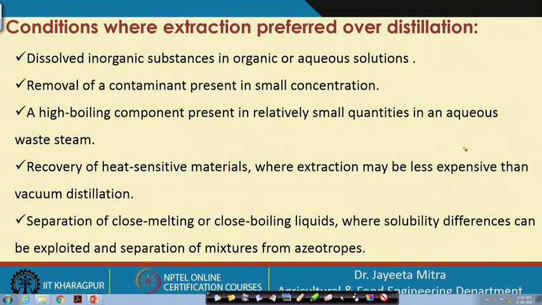If a high boiling component is present in a very small amount, extraction is beneficial over other methods of separation, for example distillation. And recovery of heat sensitive material. For them we can't apply high heat, so that evaporation of one component will occur. So, in those cases we definitely have to use the extraction process to separate them.